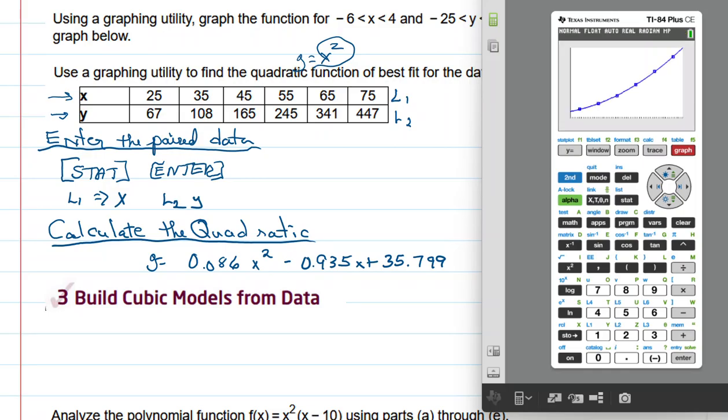I'm going to hit the graph. Is everybody comfortable with the tool?